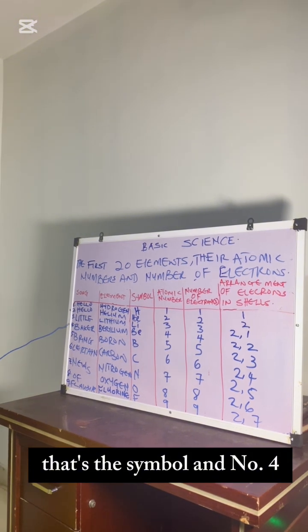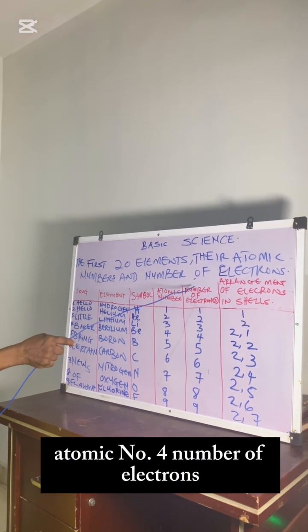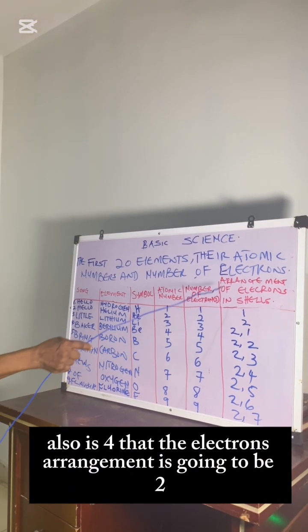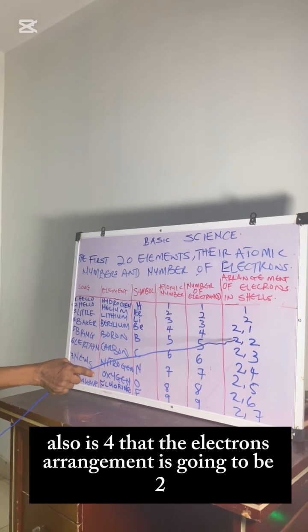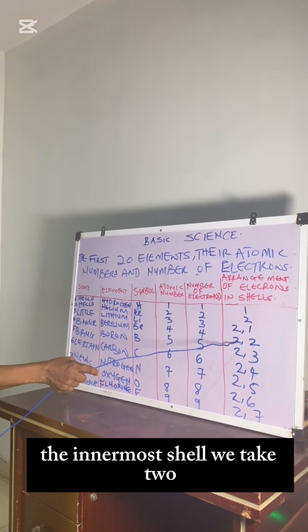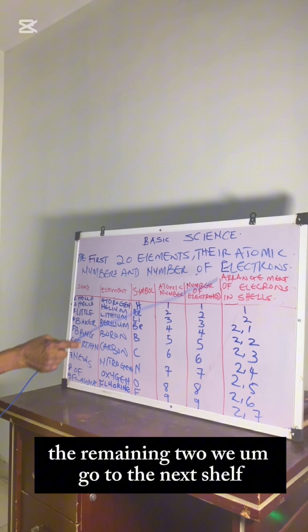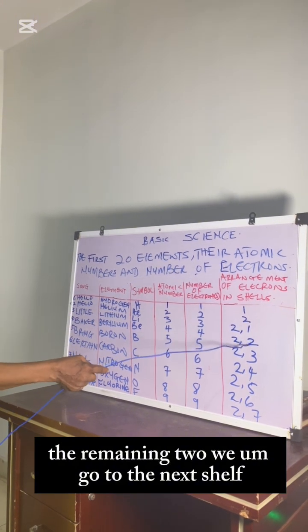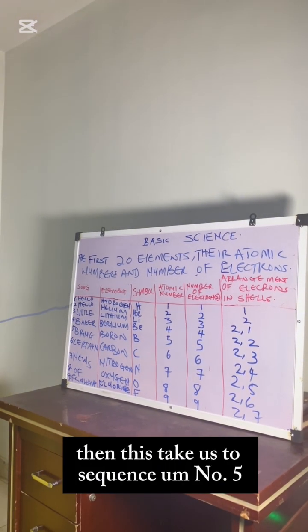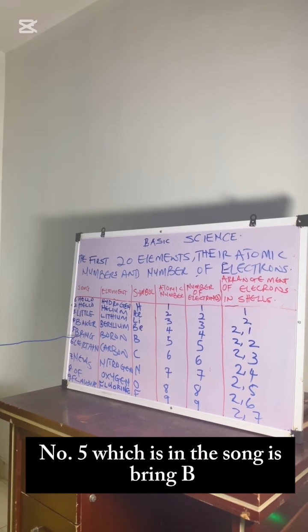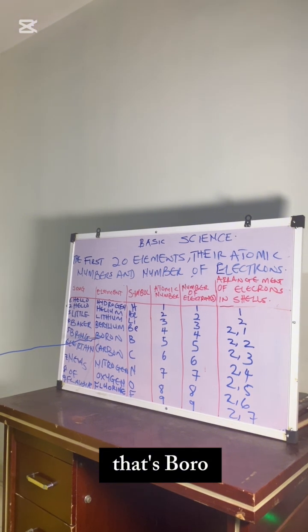And number 4, atomic number 4, the number of electrons also is 4. The electron arrangement is going to be 2: the innermost shell will take 2, and the remaining 2 will go to the next shell. Then this takes us to sequence number 5, which in the song is "Brink", B. That's boron.